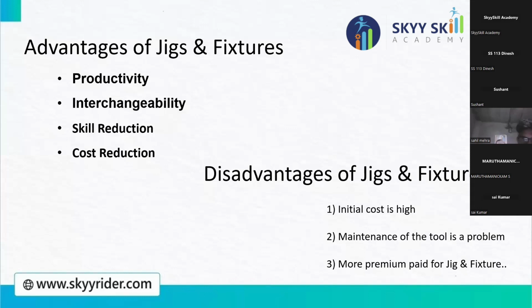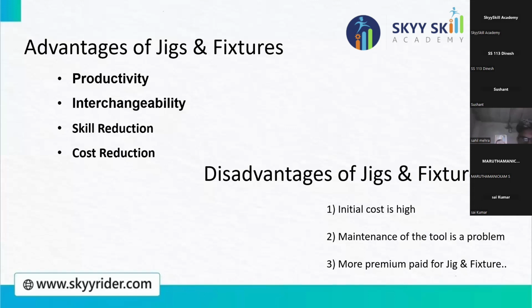Also, as I told you, there are some disadvantages for making jigs and fixtures, because the initial cost is too high, because you have to invest for a particular component in how to design and develop a fixture. And the maintenance of the tool is always high, because these components are used for specific components or specific jobs only, so you have to think very carefully when designing that particular jig or fixture.